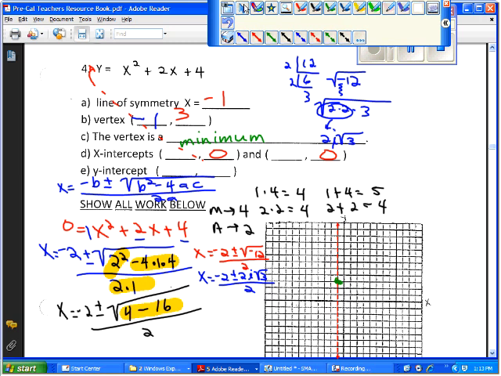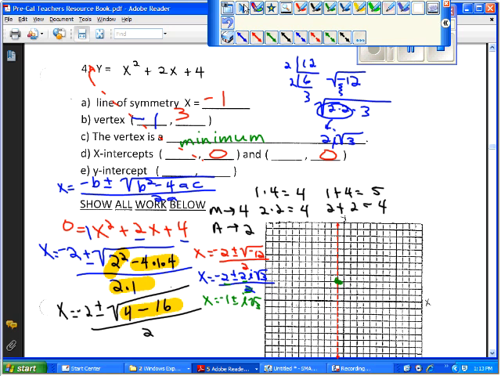Now, because 2 will go into all 3 of those, then we can divide them all by 2 and get x equal negative 1 plus or minus i square root 3, which would be over 1, but it's still just that because divided by 1 is itself.